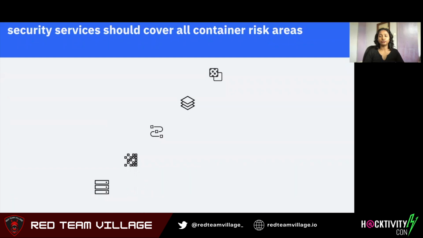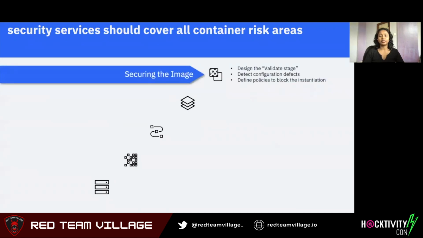So you have to make sure that the security services you're using cover all the container risk areas, starting from images. Application images are among key vulnerable areas for security risks in a container environment. These images can be outdated ones, insecure versions of software, applications carrying bugs, those containing hidden malware, and those that are loosely configured.